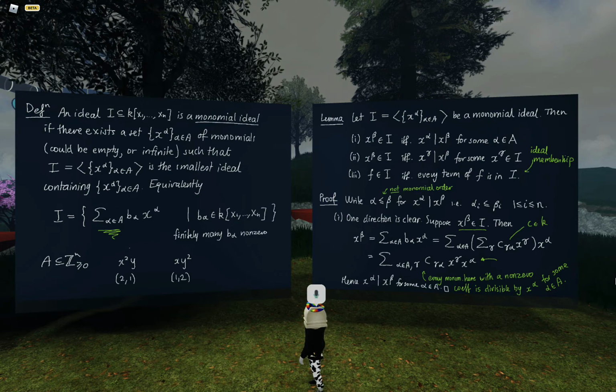That is, every monomial with a non-zero coefficient in that expression is divisible by x^alpha for some alpha in A. And therefore the same is true of the left-hand side.